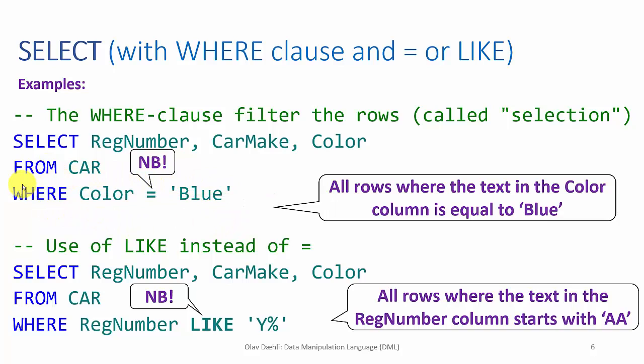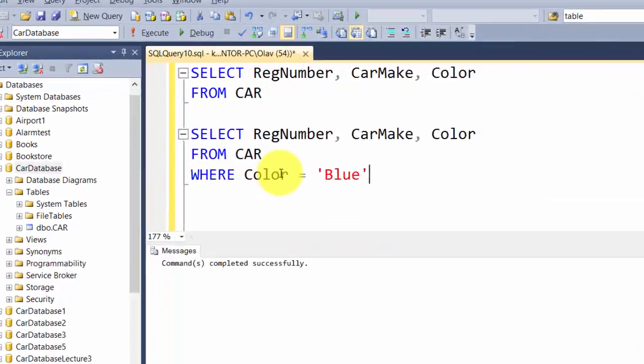But now I only want the rows where there are registered blue cars. And we register the car color in the column named color. And then I, with this equal sign, will check if the color is blue for each row. And only these rows will be included in the result set.